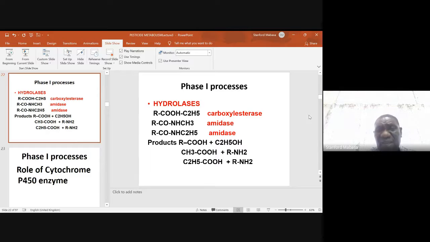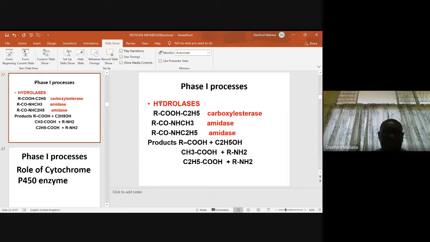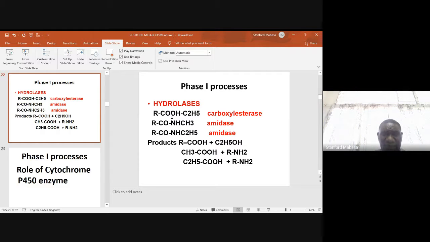Still on the phase 1 processes, probably we can put on a summary about the active enzymes here, where we have hydrolases. If we have such a structure, then we have got carboxylesterase, which can act on this structure.